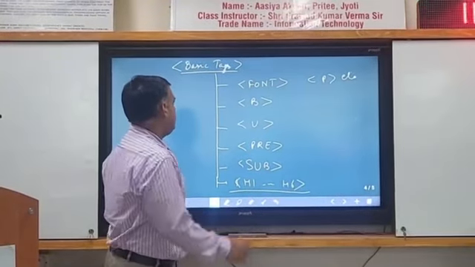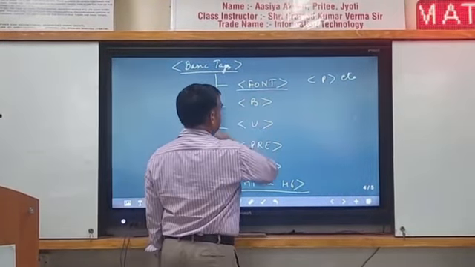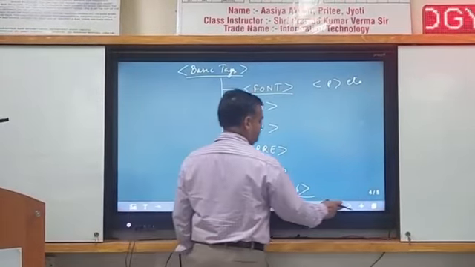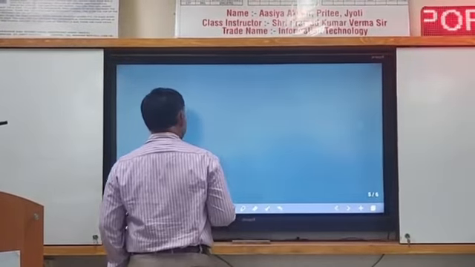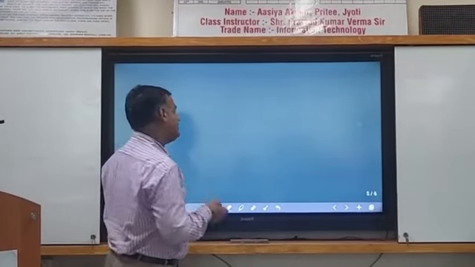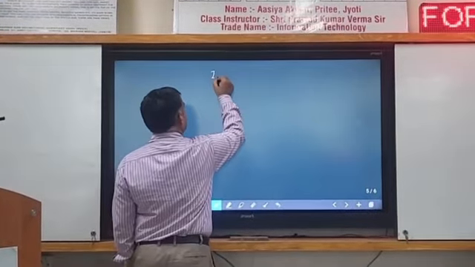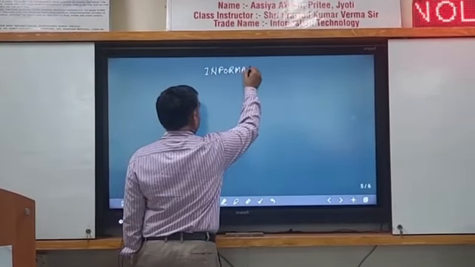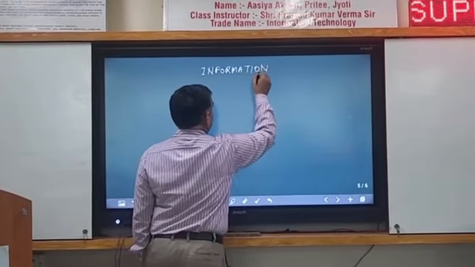Now, one by one, we will discuss all these tags as well as their attributes. Suppose in a web page you want to give a heading, information technology. Information technology is the heading you want to display on your web page.